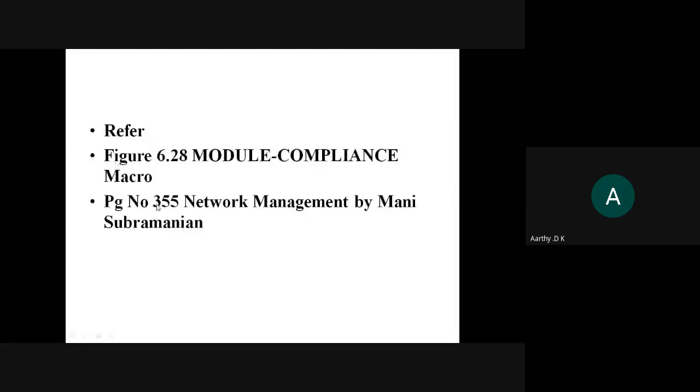This is given in your book by Mani Subramanian, page number 355, and this is the figure name. Next is agent. We have seen module, object group and notification group. Next is the agent, which means the different components that we have in the system. Agent capabilities will tell you what a vendor will provide.